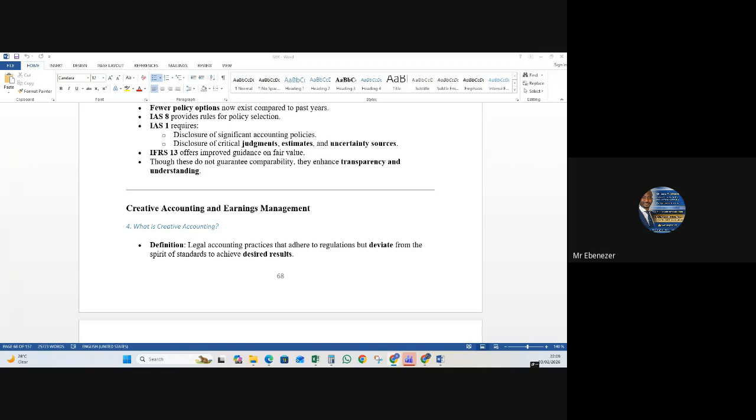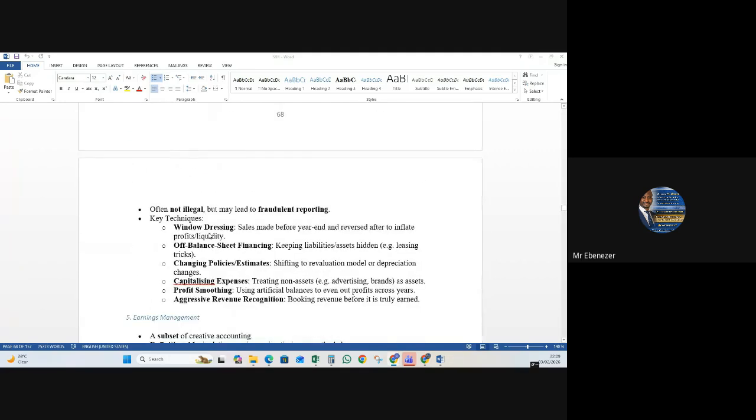Most times it is not illegal, but it can lead to fraudulent reporting.